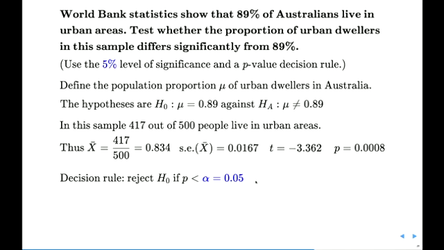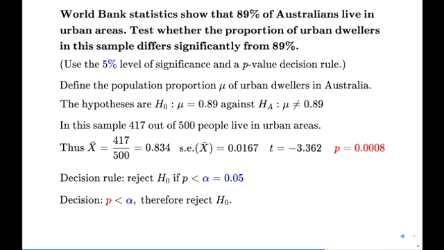No matter how easy or complicated your p-value calculation is, the decision rule is always that simple. And in this case it is. So the p-value is less than alpha, so we do reject the null hypothesis.